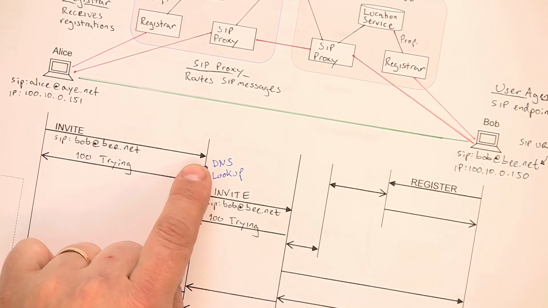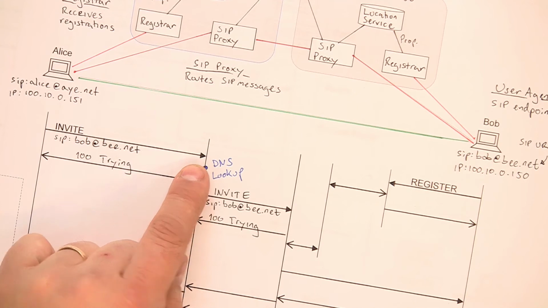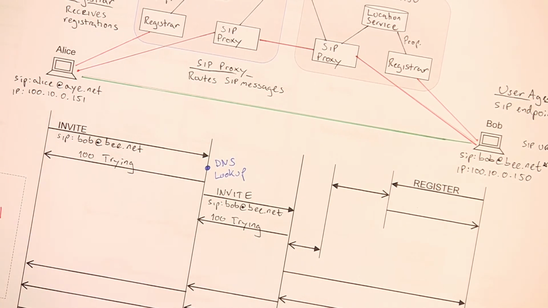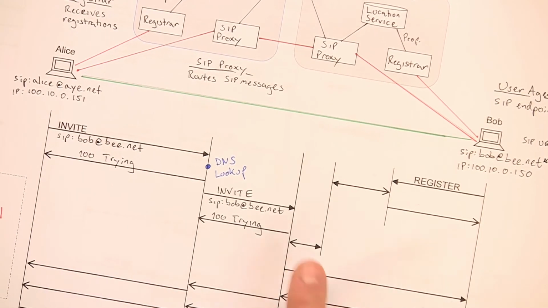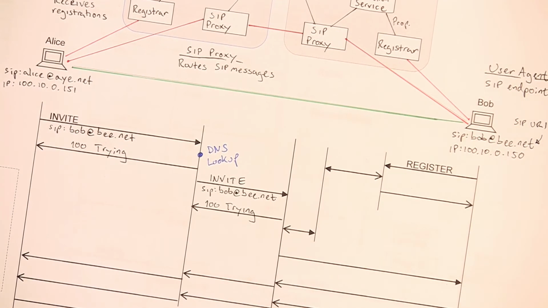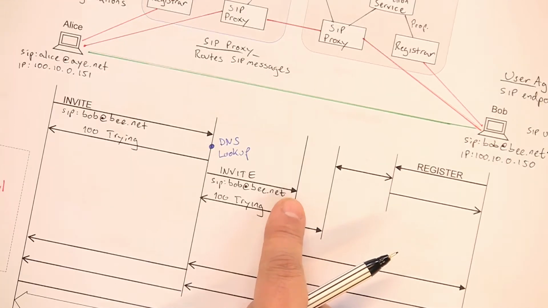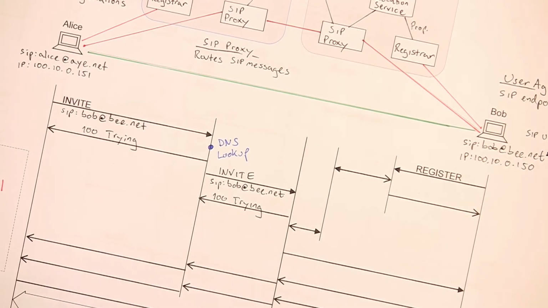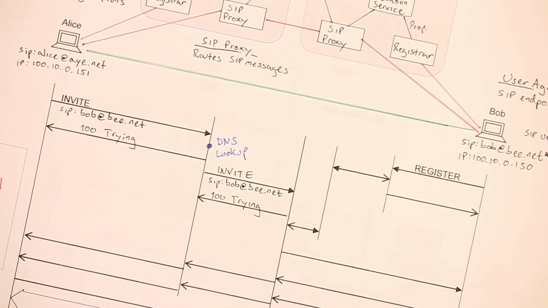The filled in head is a request, and the head that looks like this is a response. Sometimes we combine them, like down here we have combined the request and the response to make things simpler. But if you only have one, this is supposed to be a request and this is a response. All right, so we have the trying.